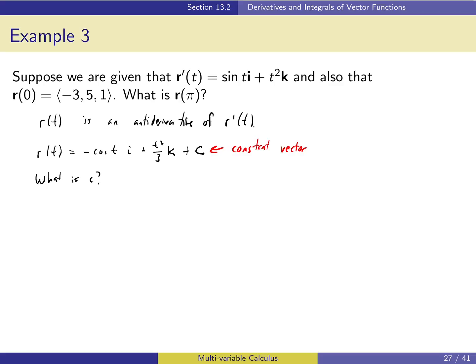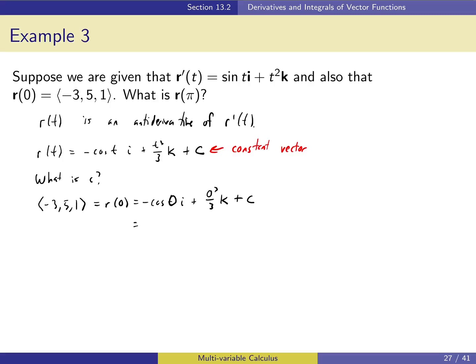Well, we'll use the information we have. We know r of 0. We know that negative 3, 5, 1 is equal to r of 0, which is negative cosine of 0 i plus 0 cubed over 3 k plus c.